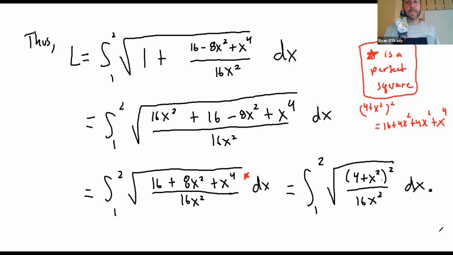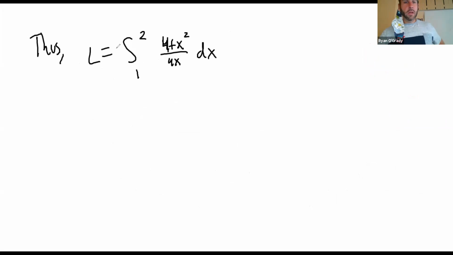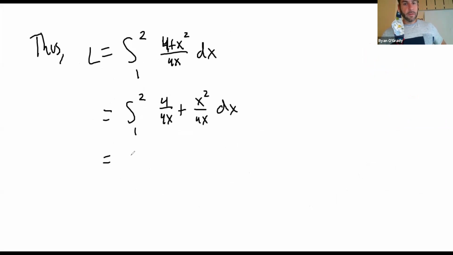Well, now we have a very easy integral, and if you recognize that, you can break it into two pieces. This becomes 4 over 4x plus x squared over 4x dx, which is the integral from 1 to 2 of 1 over x plus 1/4 x dx.